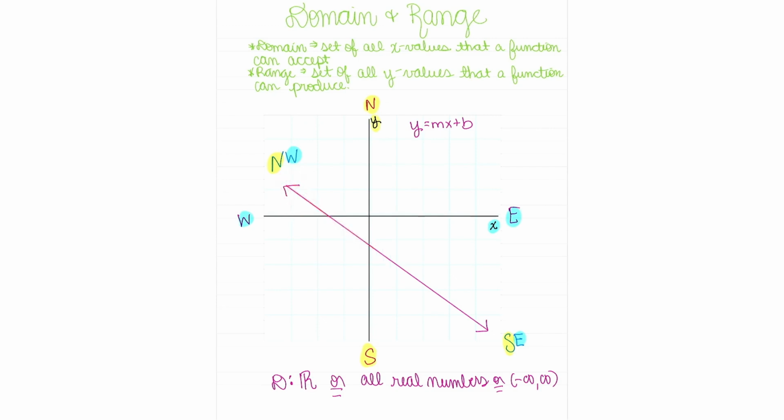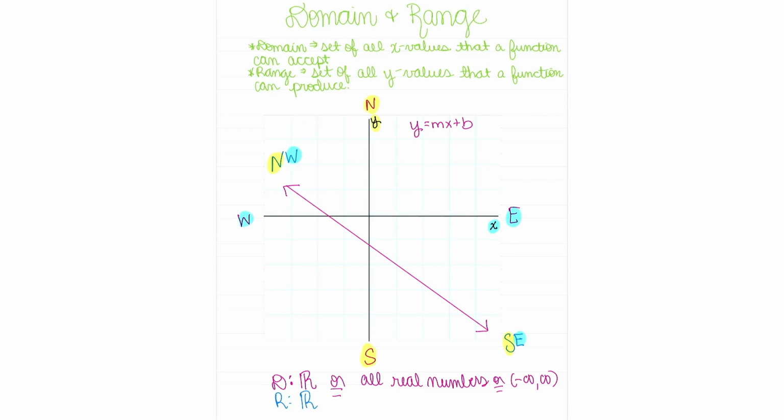And since it's also decreasing on the right side, this answer is also going to be all real numbers for the range, or negative infinity to positive infinity. That means that for lines, and it's always this way, by the way, when you have a slanted line, the domain and range will always be all real numbers.